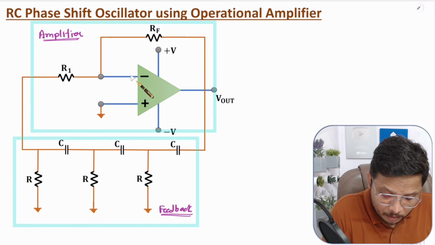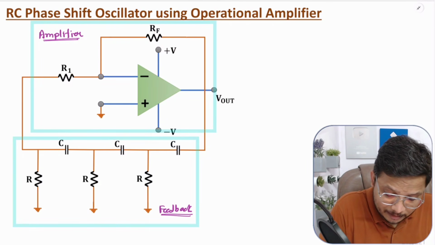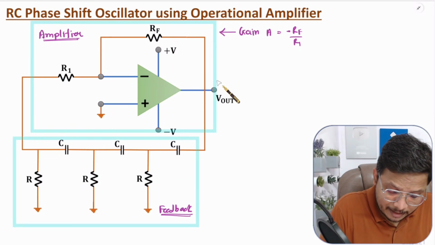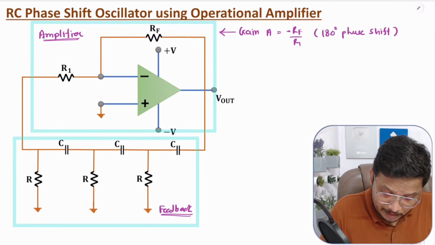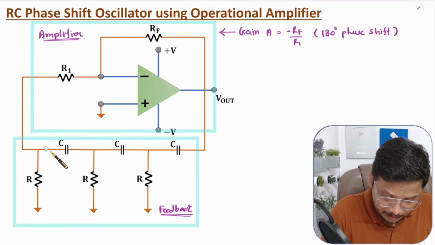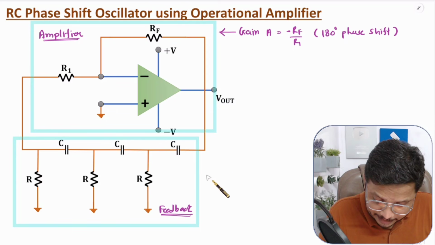In inverting mode, the gain of this OpAmp is minus RF by R1. And as we are using this OpAmp in inverting mode, the phase shift provided by this OpAmp will be 180 degrees. Here you can observe the feedback circuit as an RC combination. With this RC combination feedback, the gain will be beta.